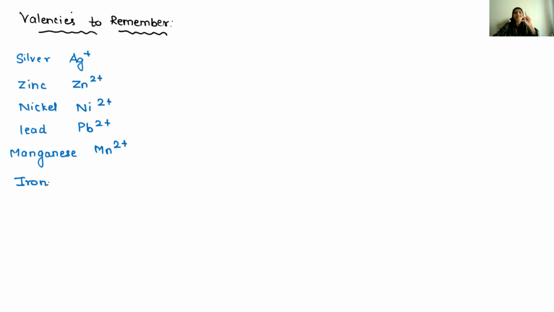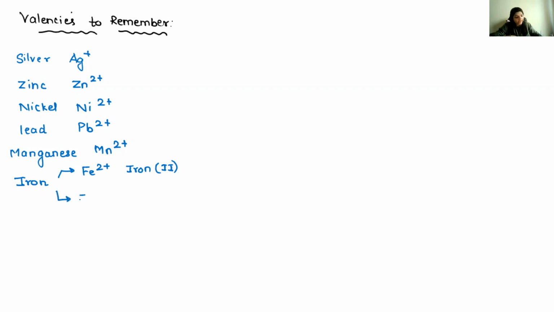Now iron exists in two valencies. One is Fe2+, which is written as iron(II), with the Roman numeral. If there is more than one valency for a particular element, there will always be a Roman numeral given beside it in brackets, which will tell you the valency of that particular element.